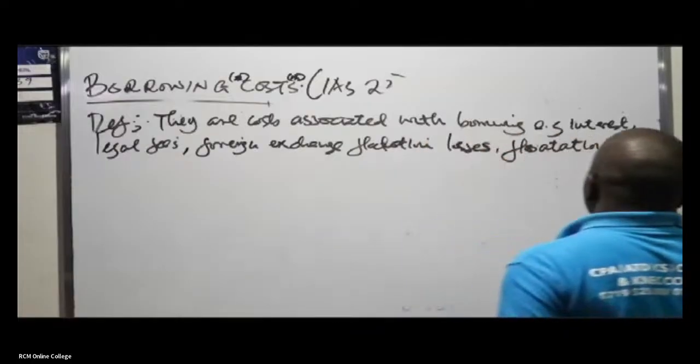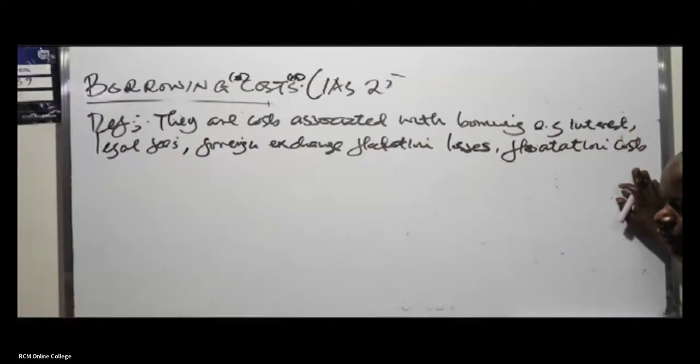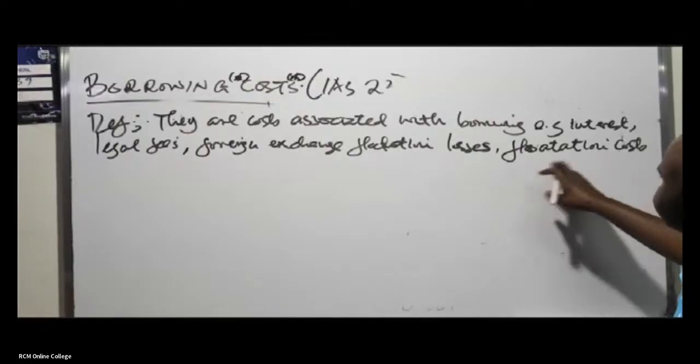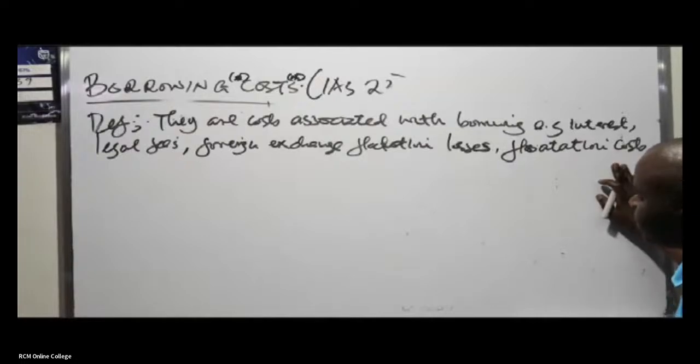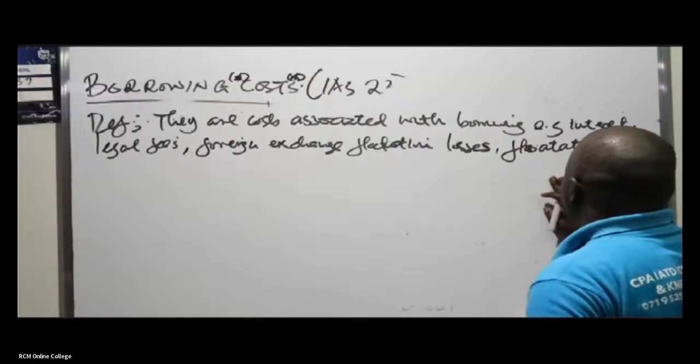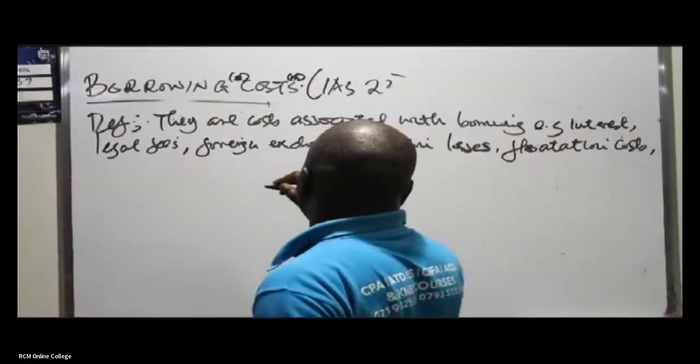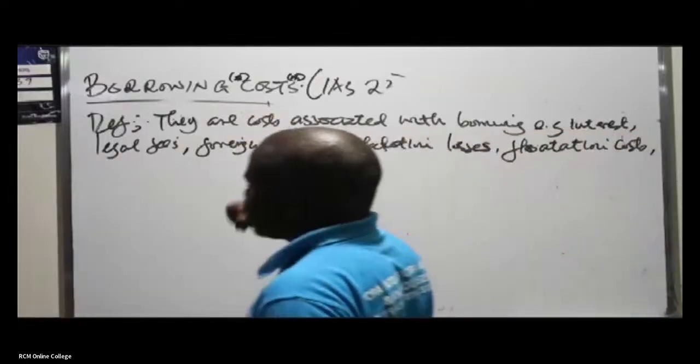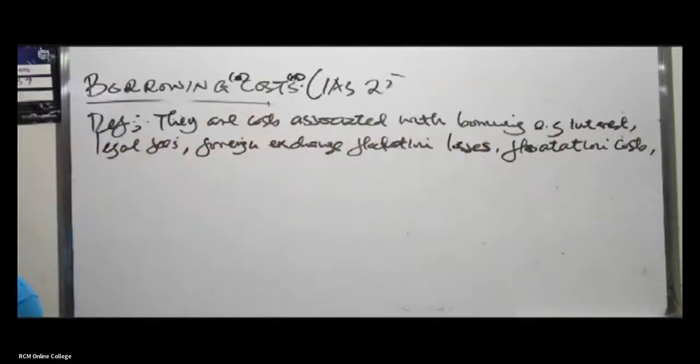This, for example, is when you are issuing something we call a debenture. A debenture is like an instrument the company can sell to raise money. You learn more about it in your company law, so your company law lecturer will teach you debentures. You normally issue something we call a prospectus, then you'll incur some cost there. So flotation cost can also be incurred, but majorly what we'll focus on is the interest under this particular standard. But you can also have flotation cost as part of the cost you incur when you borrow.